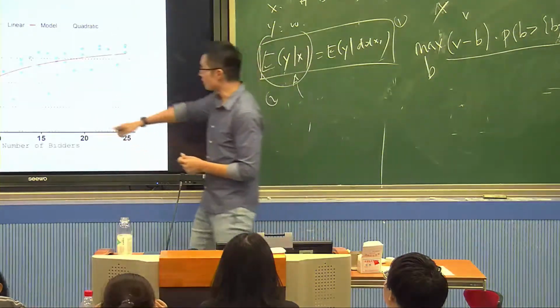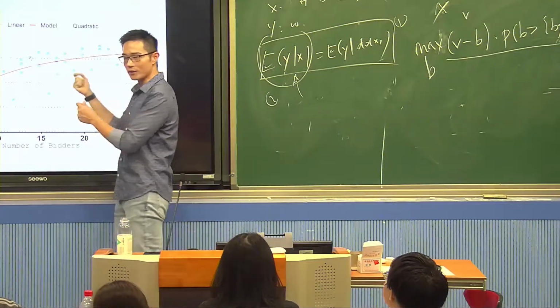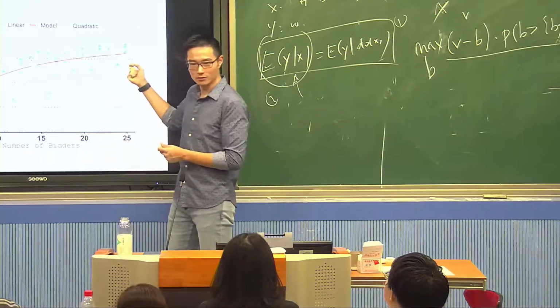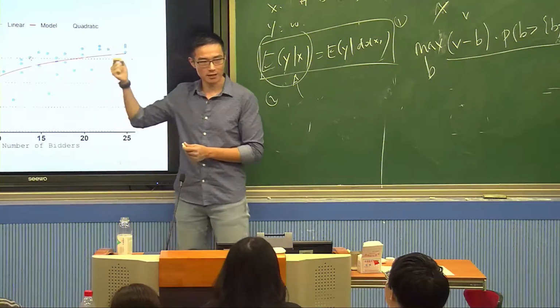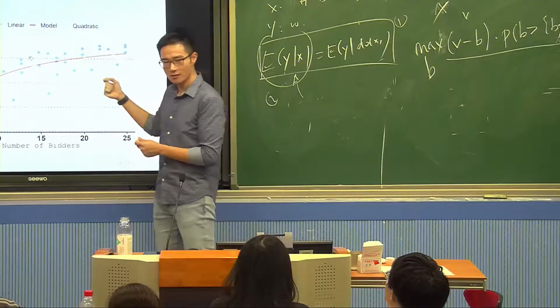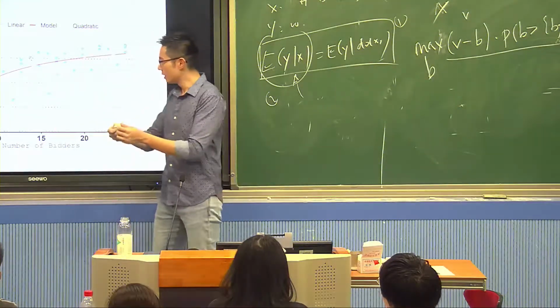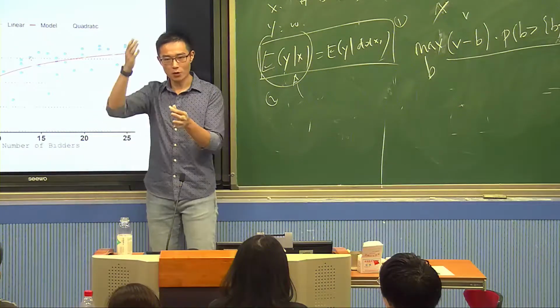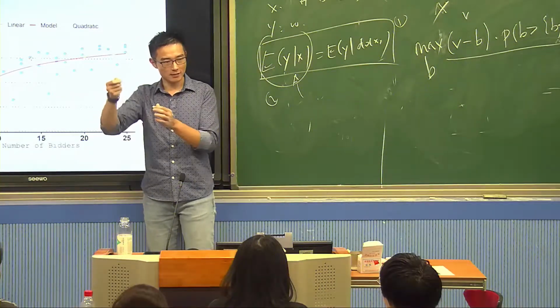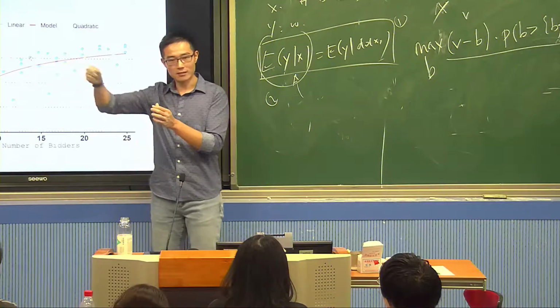And why do we have this relationship? Why is it increasing but with diminishing marginal increase, so it increases slower and slower? Why is it concave? The reason is that the winning value, the highest value, if you draw a number of people from the same value distribution, the more you draw, the more likely the highest value is going to increase. But it's going to increase slower and slower.